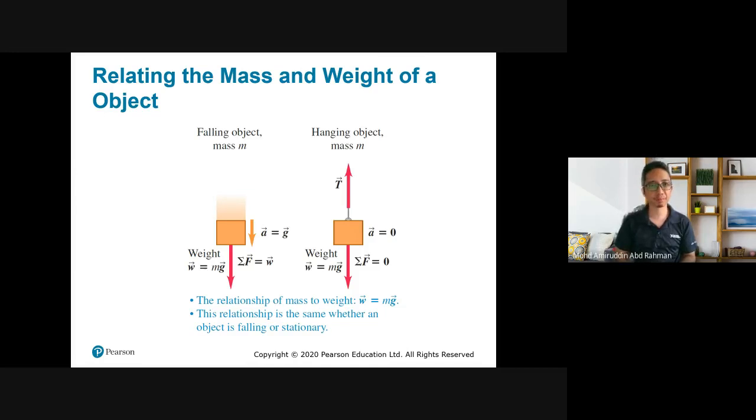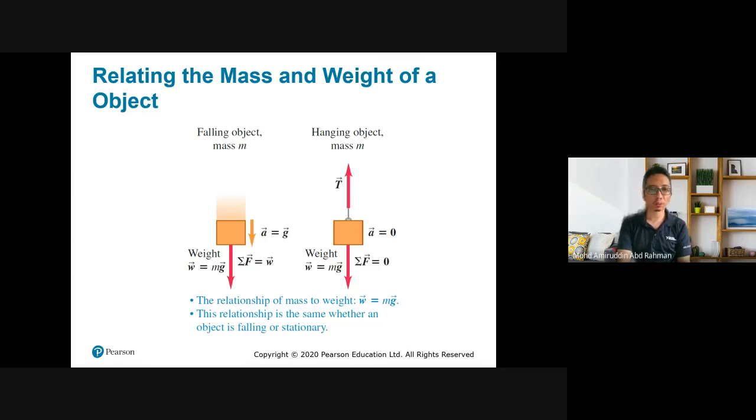So we have the weight of the object as W, right? And the acceleration will be equal to the gravitational acceleration. So when an object is falling, we mention that as a equals g. So the weight of the object will be W equals mg.